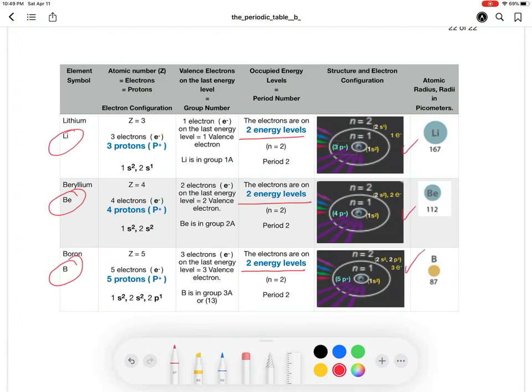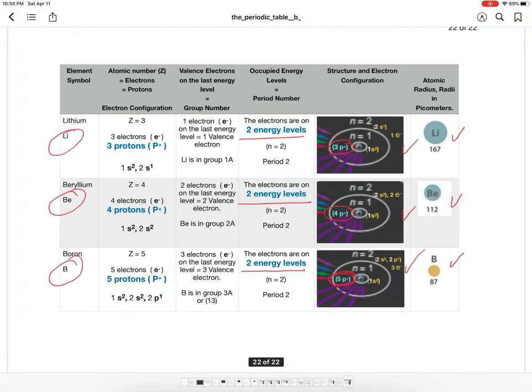Now boron has more protons than beryllium, than lithium. That means the nucleus for boron is stronger. That means it will pull the two energy levels closer to it. That's why boron is smaller than beryllium, and then beryllium is also smaller than lithium.